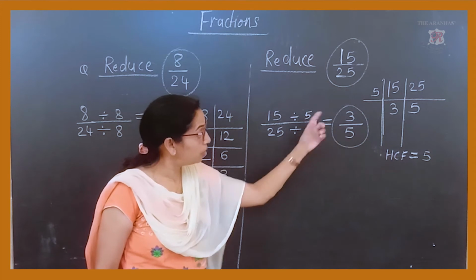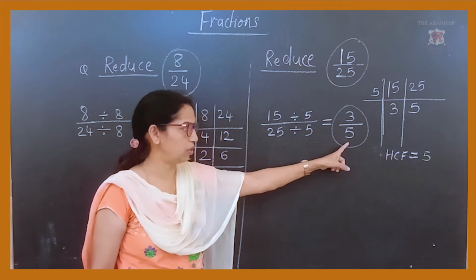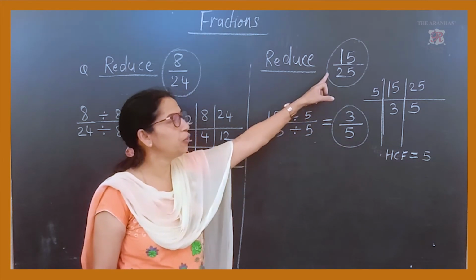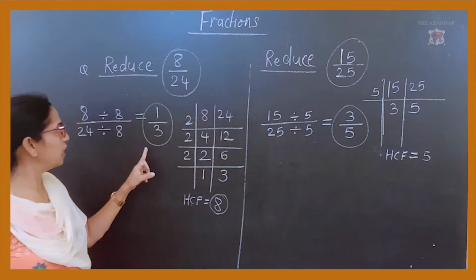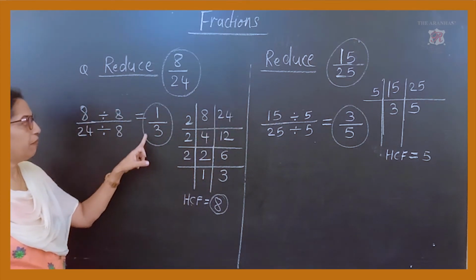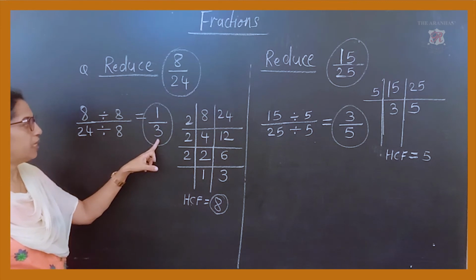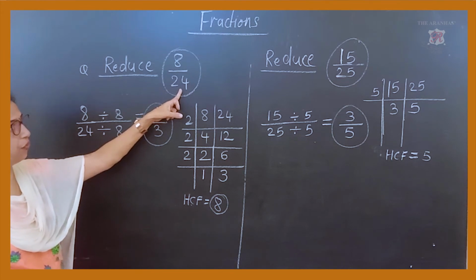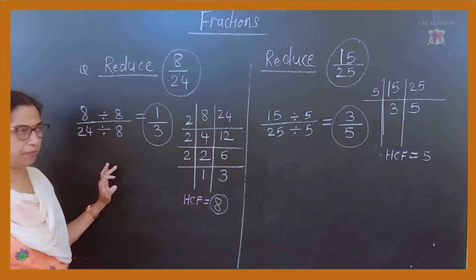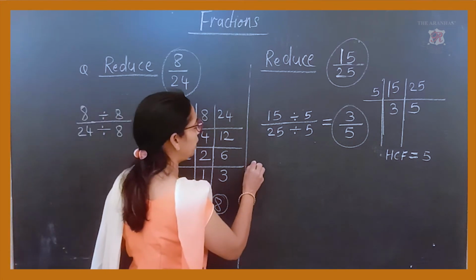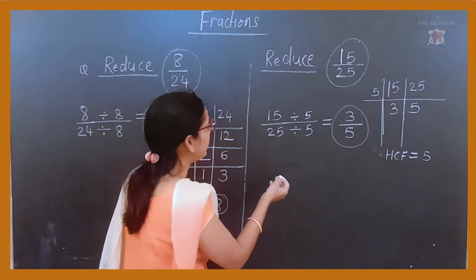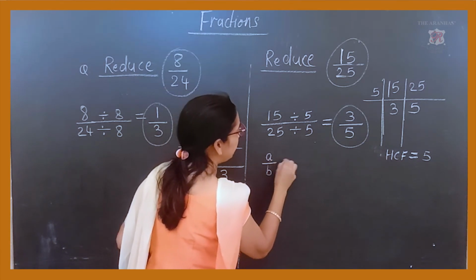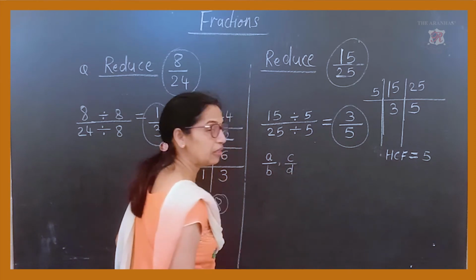Now the fraction we have found here, 3 upon 5, is it equivalent to the given fraction? Or in the earlier example, we got 1 upon 3, is it equivalent to the given 8 upon 24? That we have to confirm. For that we have a verification method. Again the same method we use when a upon b and c upon d are the fractions.